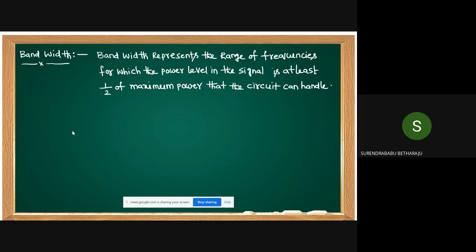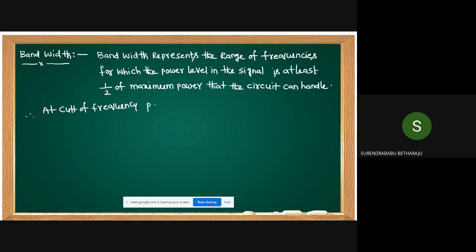A bandwidth is nothing but a range of frequencies, defined at which the power level is 1 by 2 of the maximum power level. Those frequencies are taken as the cutoff frequency. At cutoff frequency, what is the power, students?